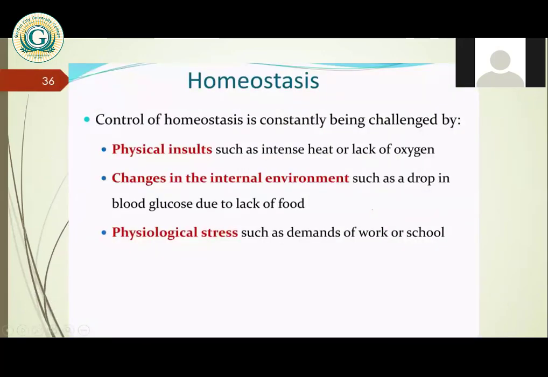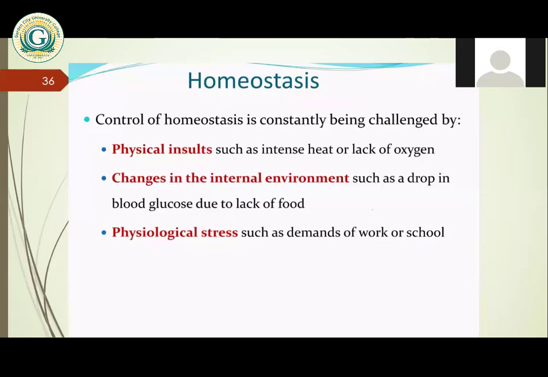Homeostasis is maintaining a nearly constant internal environment despite the changes that occur around you or in the external environment. Within your body, we are trying to maintain some parameters, for example the level of glucose, water, ions, and pressure.